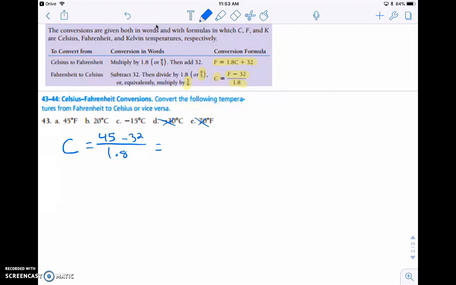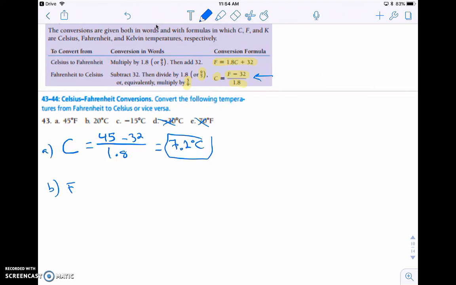And then when you do that in your calculator, you will get 7.2 degrees Celsius. So again, that's just using this formula right here. Okay, that's part A. And hopefully that makes sense. When you look at 45 degrees Fahrenheit, Celsius, you would expect to be smaller. And so that's one way to make sure that things are going well.